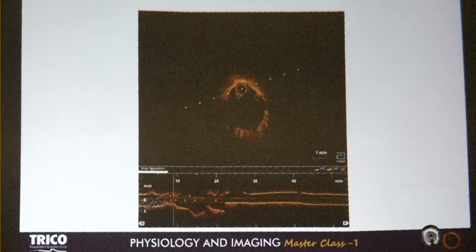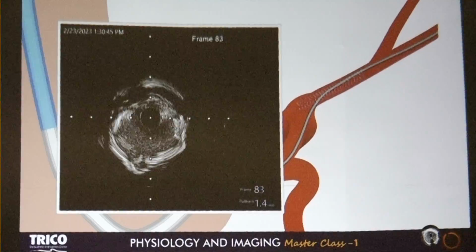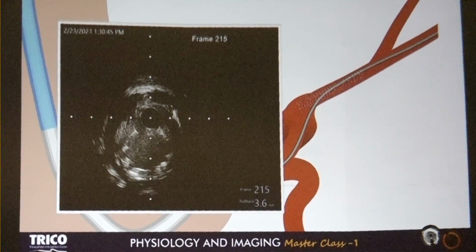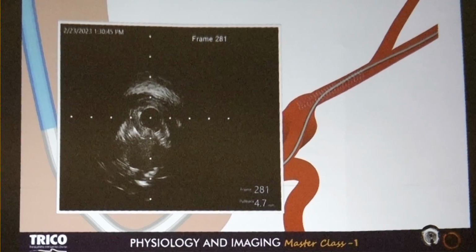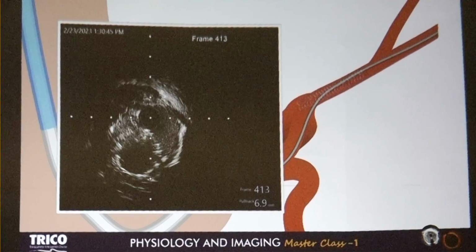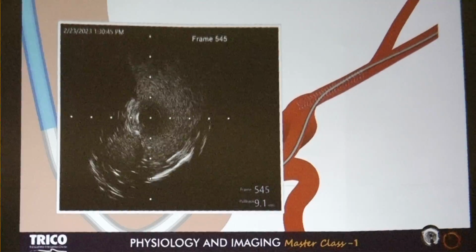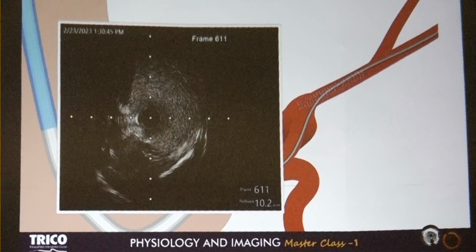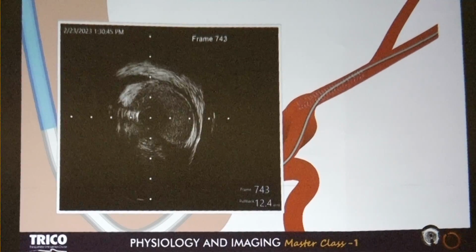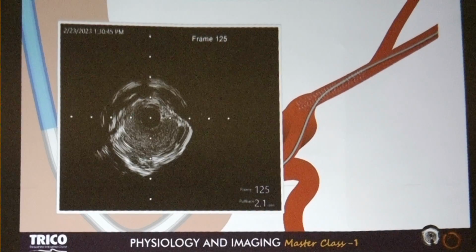So we took it for an IVUS protocol, and this is the IVUS. I have already shown in this cartoon, my wire went inside the true lumen through the stent struts. And that is what is seen here. This is some aneurysmal area in the LAD. The stent is a little bit hanging inside and the wire went in like this.